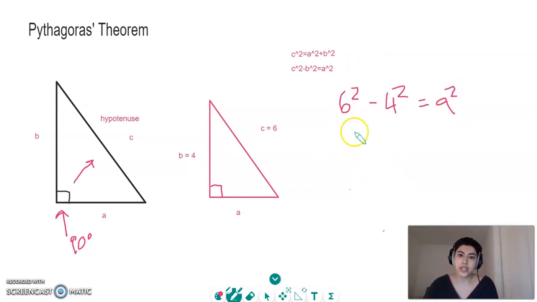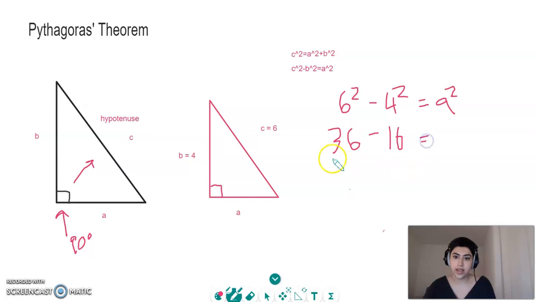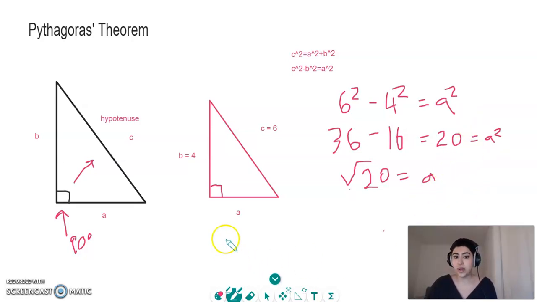So let's do 6 times 6, which would be 36, take away 4 times 4, which would be 16, and then that would leave us with 20, which is A squared. 20 you would have to do the square root of on your calculator to give you the answer for A. And that would give you the result.